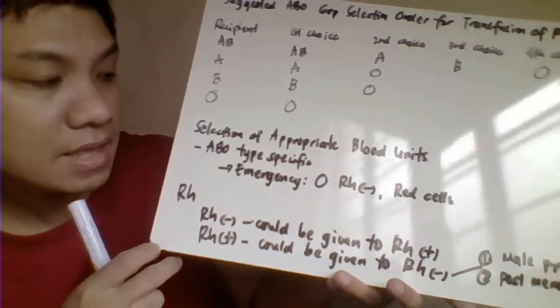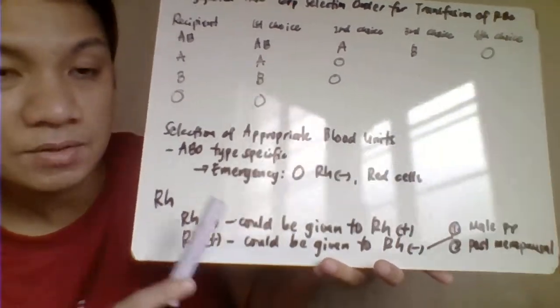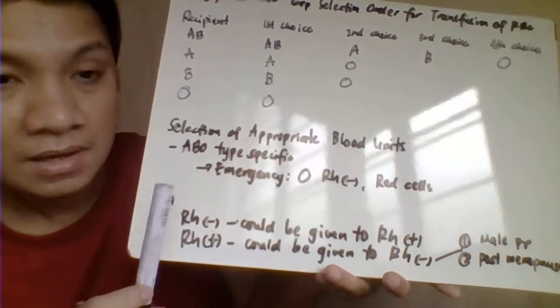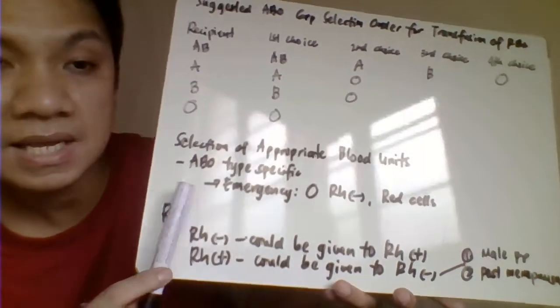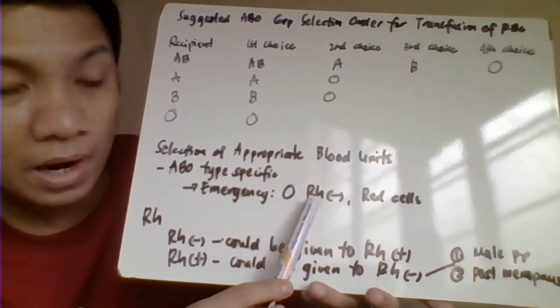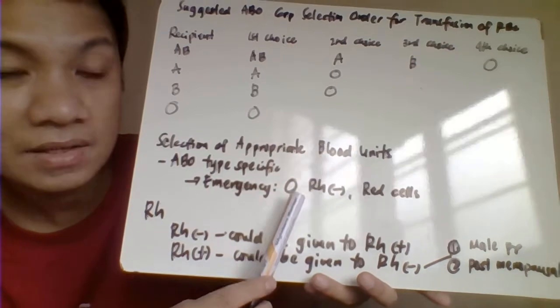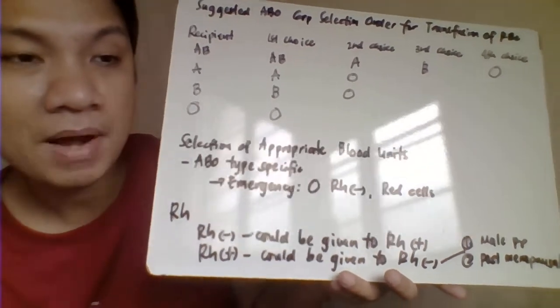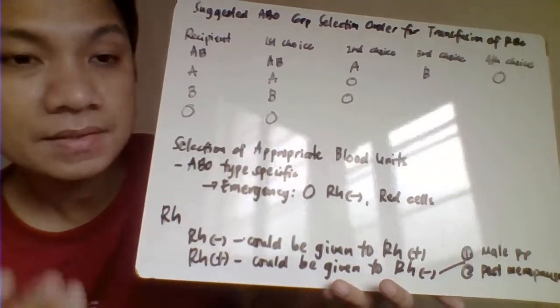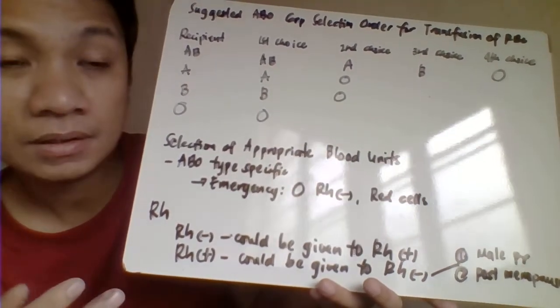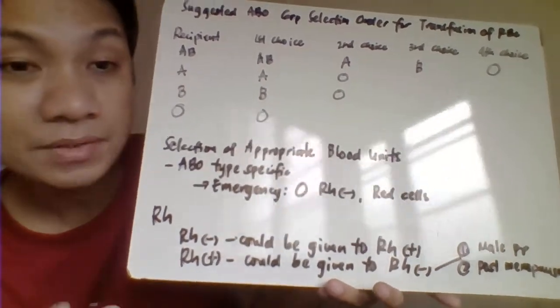We have also here the selection of the appropriate blood units. So again, ang rule natin, type specific dapat. But in the case of emergency, you can give O red cells because again, this does not have the antigen. So kahit ano pang antibody sa recipient natin, it will not give an untoward reaction.